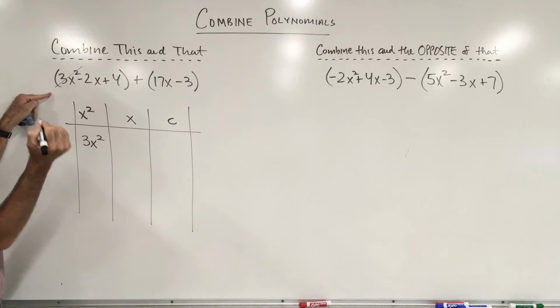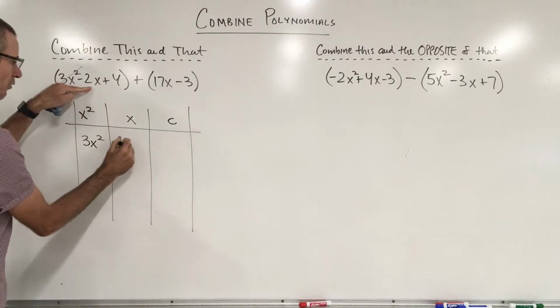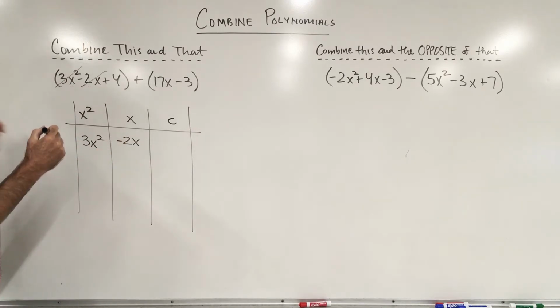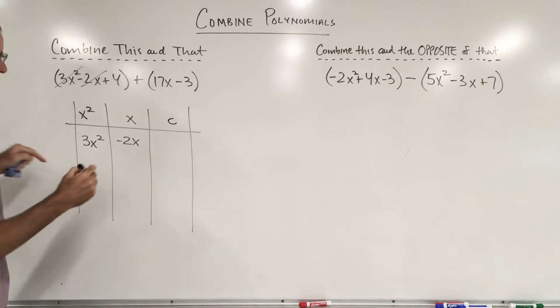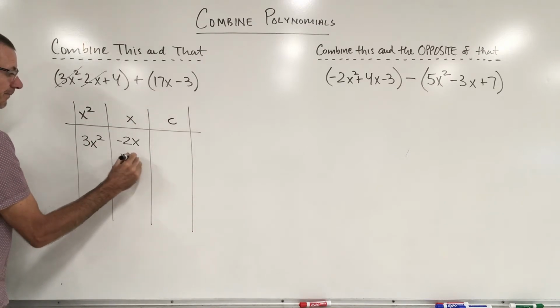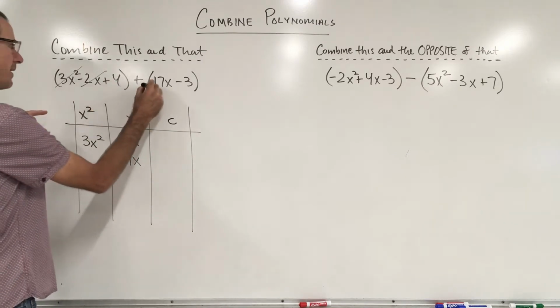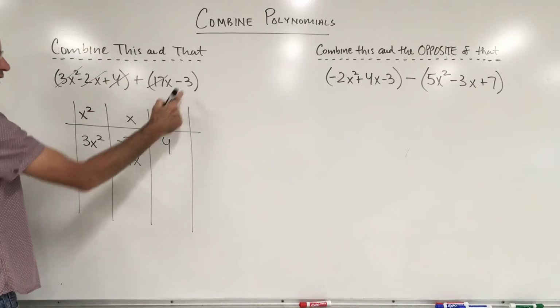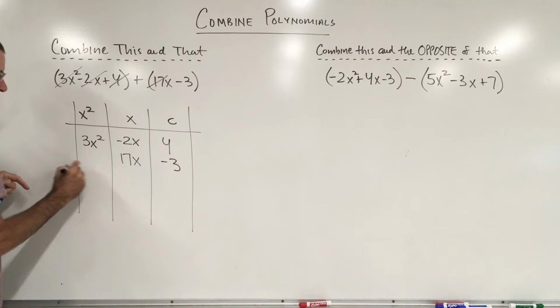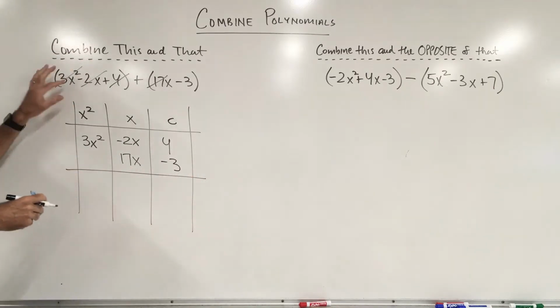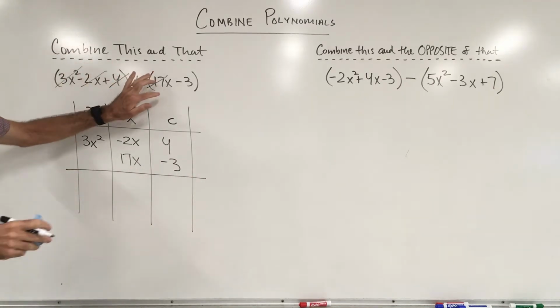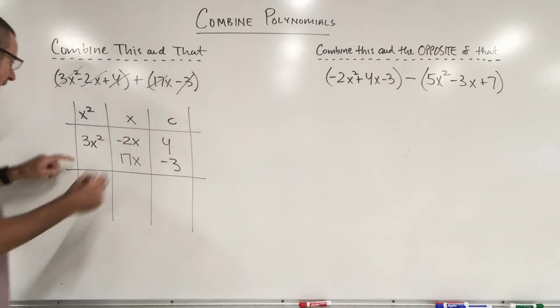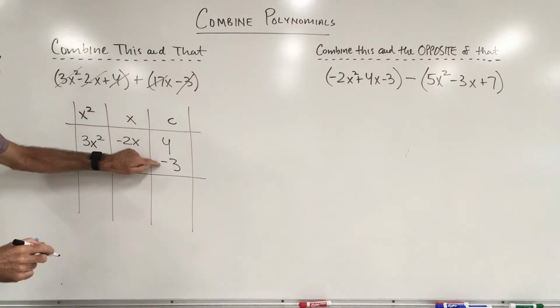I'm going to cross that out. Then I have a negative 2x. I have a positive 17x. And a 4. And my last constant term is negative 3. So now I had 1, 2, 3, 4, 5 terms. And there are my 1, 2, 3, 4, 5 terms.